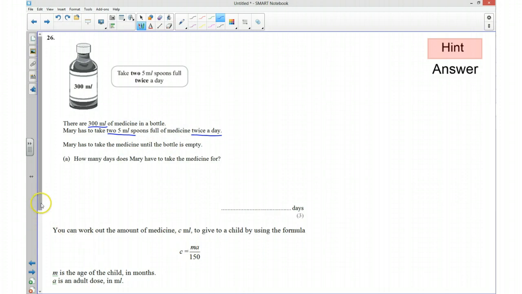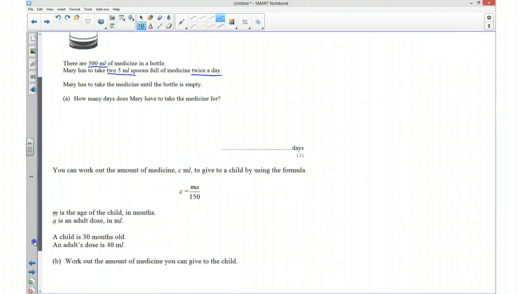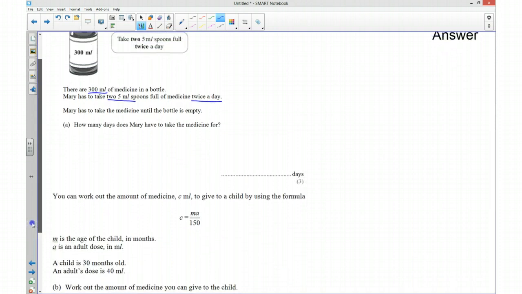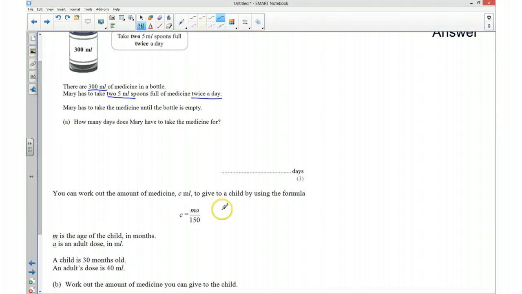Okay, the next part says you can work out the amount of medicine to give to a child by using this formula here. M is the age of the child in months. A is the adult dose in milliliters. A child is 30 months old. An adult's dose is 40 milliliters.